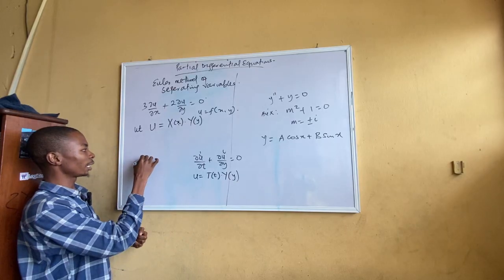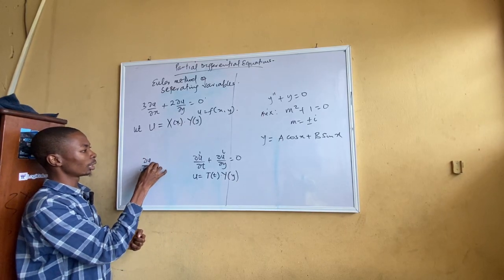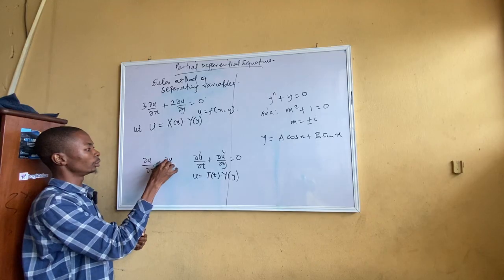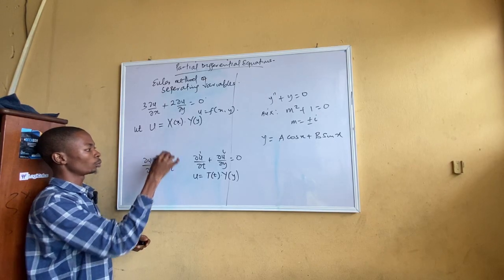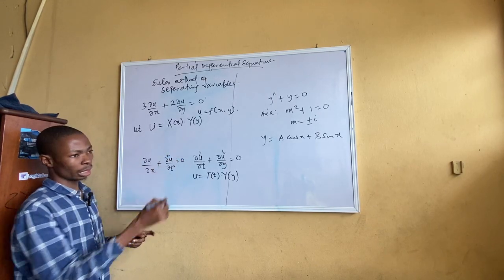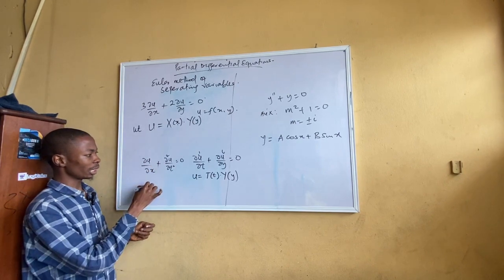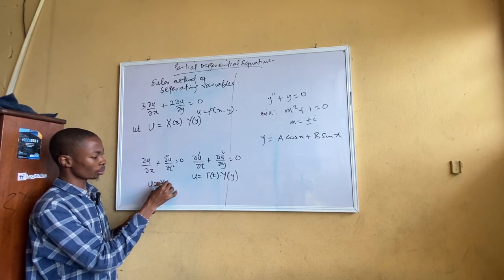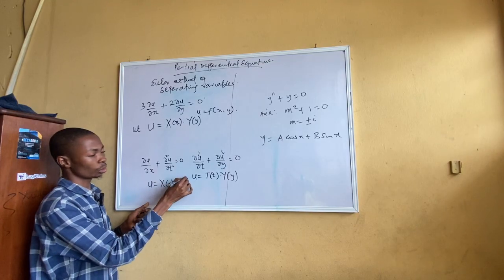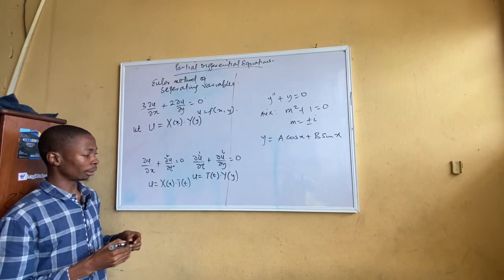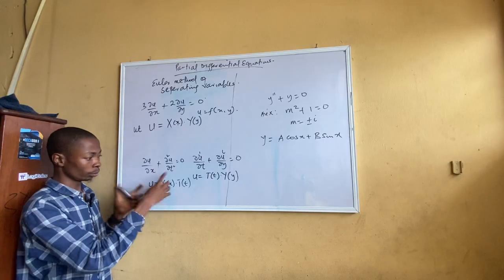If I have something like this, du/dx plus, let's say, the square u/dt squared equals 0, the assumption we are going to make is let u equals X(x) T(t), or you say T(t) X(x). They are commutative no matter how you arrange it.